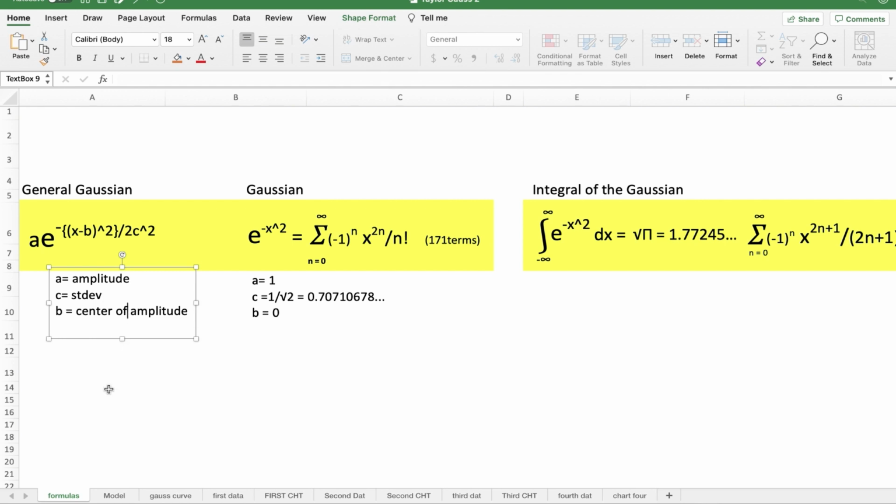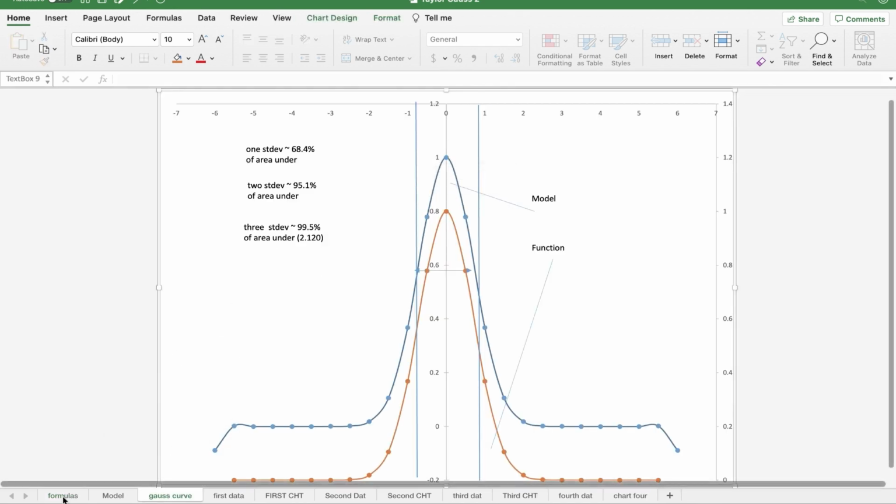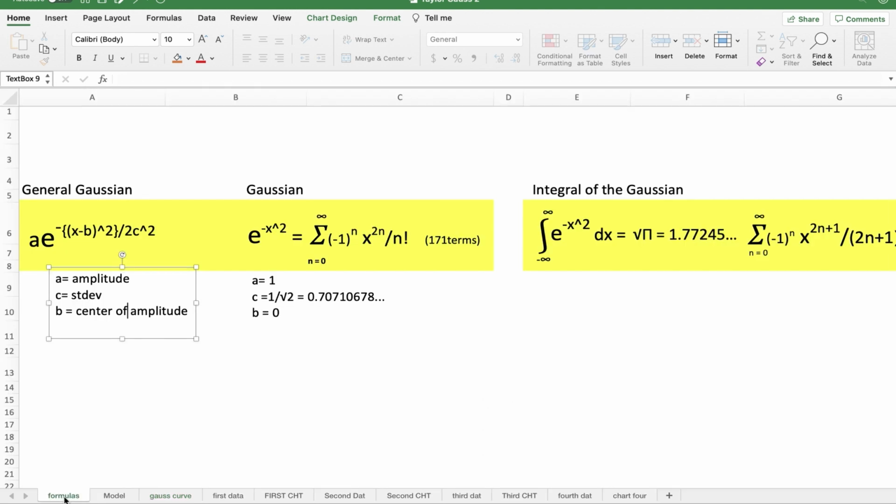And then B is the center of the apex of the curve. As you know the Gaussian curve, you have the apex right there. Well, you can shift that along the x-axis. The center of that distribution is determined by the factor b.